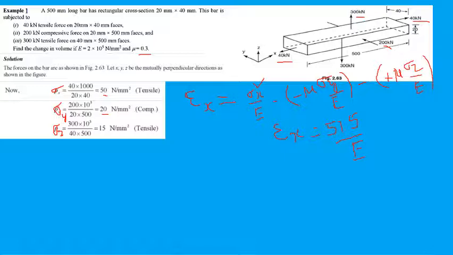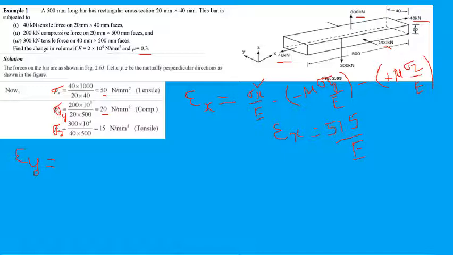Similarly, the strain across the y-axis, epsilon y. Due to the application of tensile or compressive load across the y-axis, there are changes which take place across the other two directions.